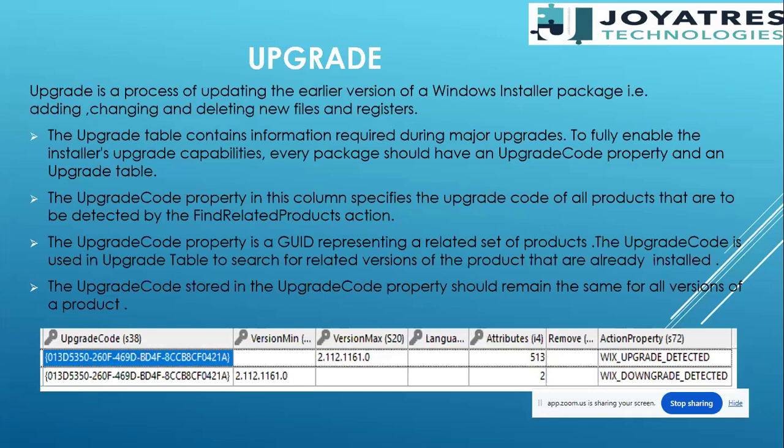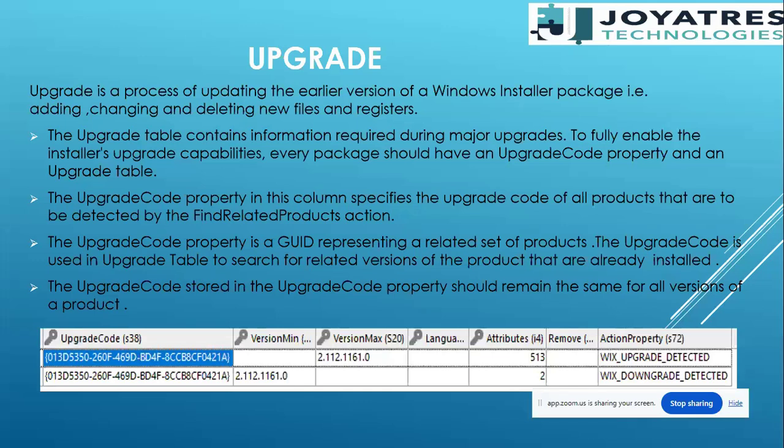Now you are going to create two rows. Then we will have a few columns: version minimum, version maximum, language, attributes, remove, and action property. In one row you have to provide the maximum version, in the other the minimum version.